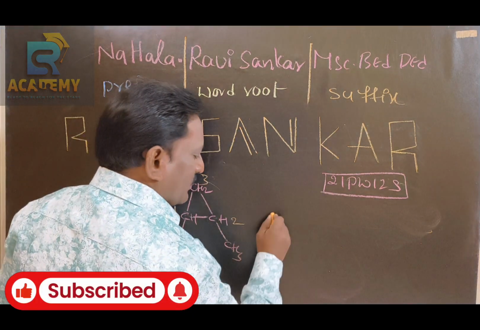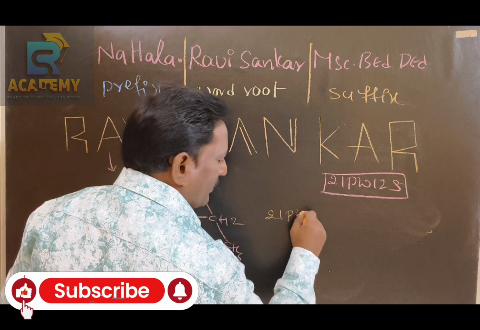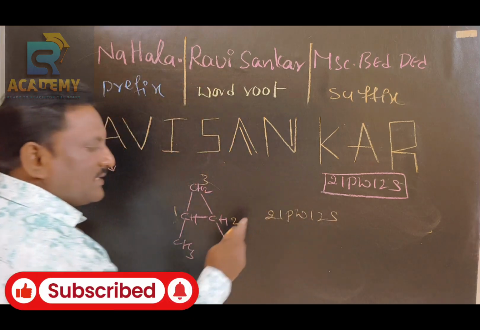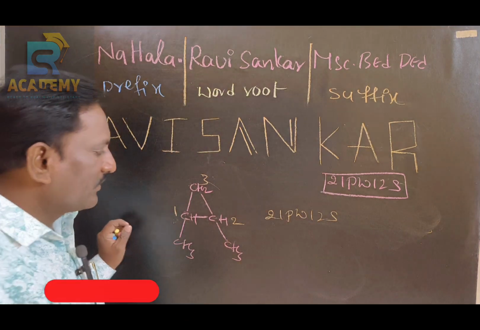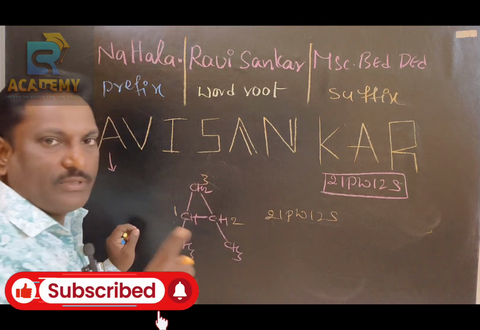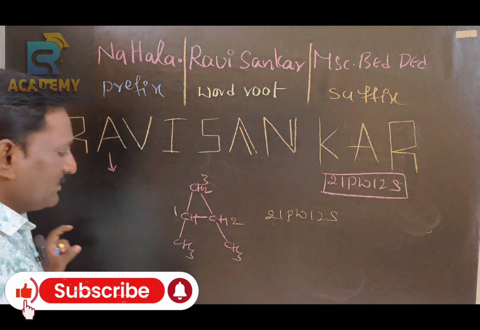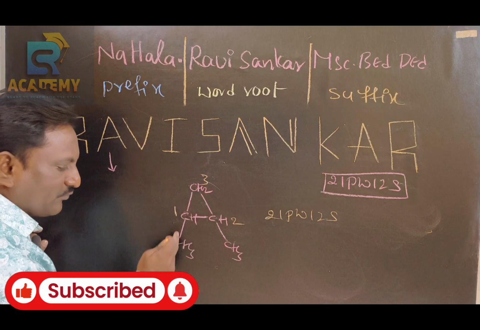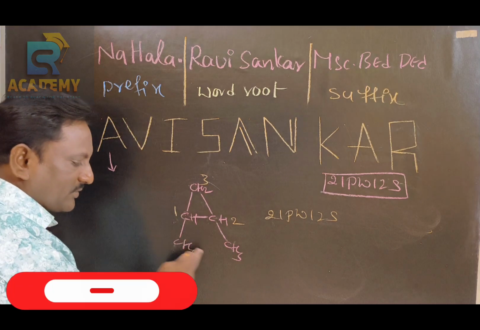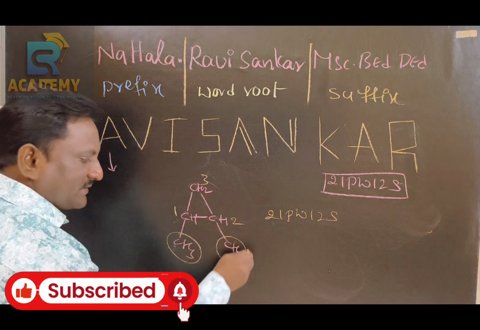So let us take 21PW12S always. Secondary prefix tells us, is there any set of branches? Yes, two branches are there. At the first carbon one branch, at the second carbon another. What are they? Methyls.